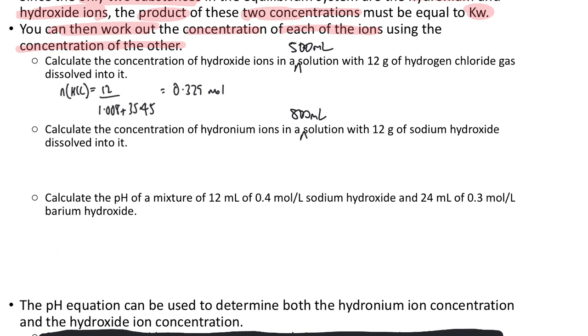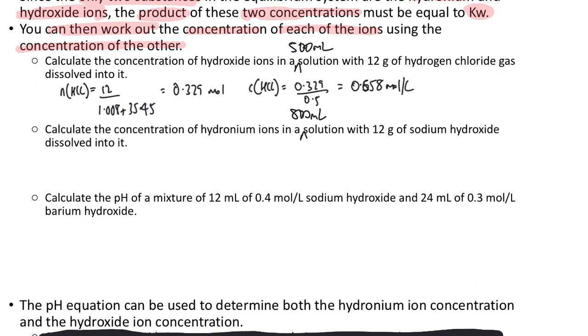That's the number of moles of HCl that is about to be dissolved into that solution. Then you can work out the concentration of that HCl, which will be equal to 0.329 over 0.5, which happens to be 0.658 moles per liter.